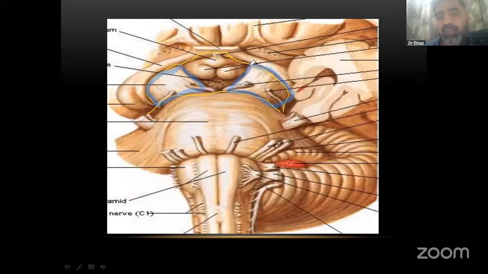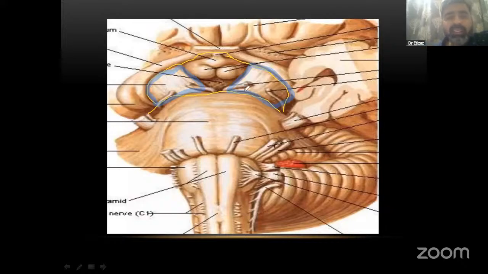These cerebral peduncles are for the tracts, ascending and descending. From the cortex and towards the cortex, the tracts ascend and descend through these peduncles. That's why it is called the cerebral peduncle, the connection with the higher cortex, or you can say the cerebrum.